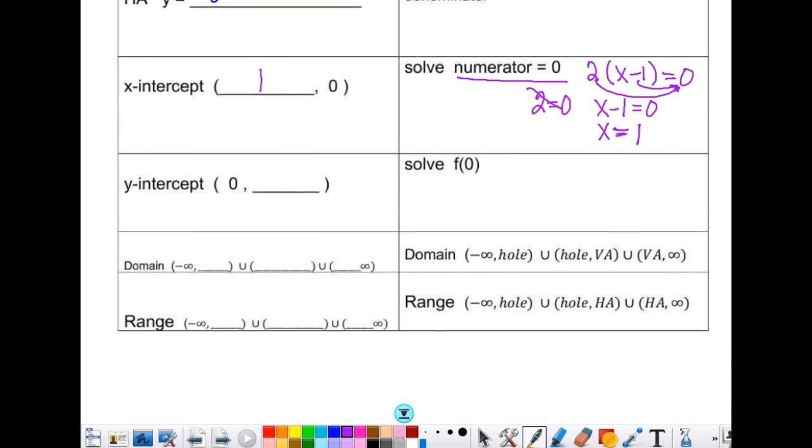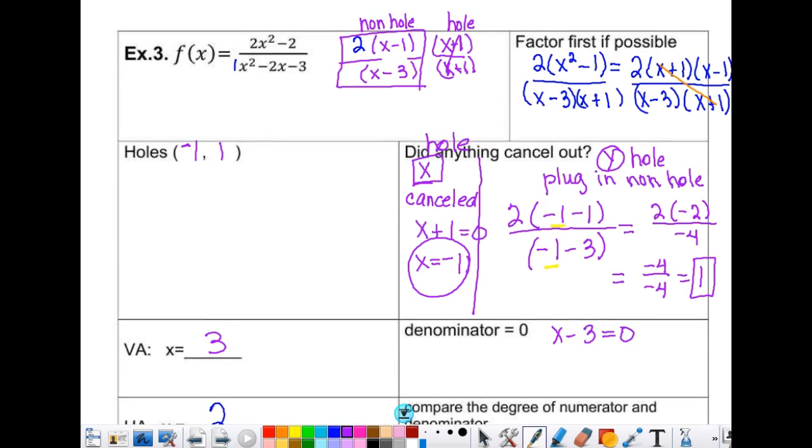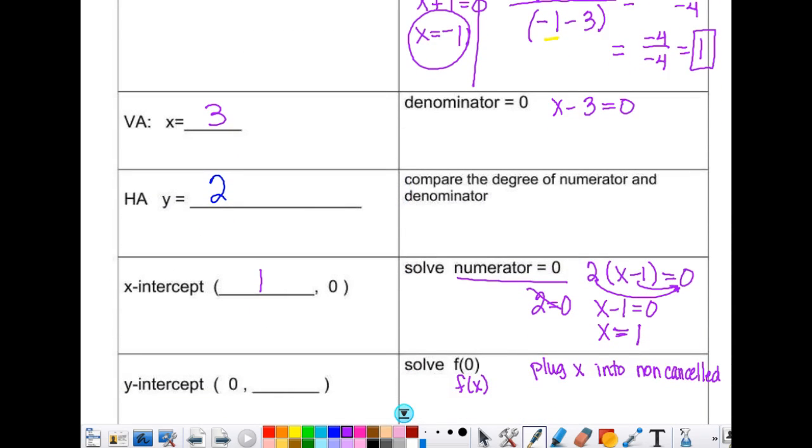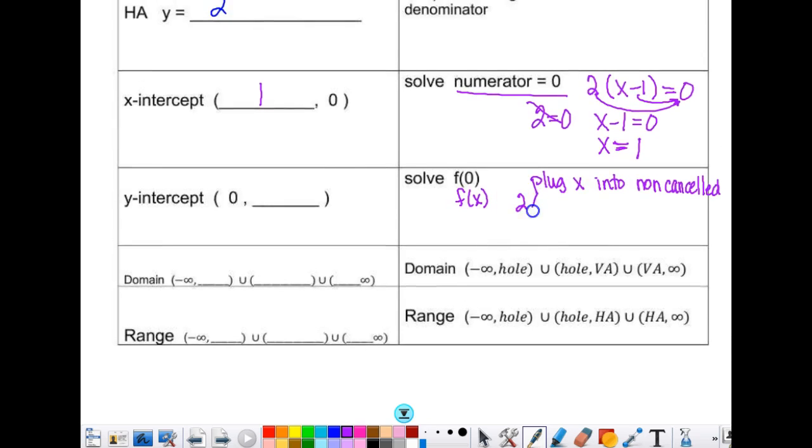For the y-intercept, it says solve for f of 0. So your x is 0. Plug x into the non-canceled part. I think it says that on your notes and your paper. So again, we take this non-canceled part: 2, x minus 1, x minus 3.